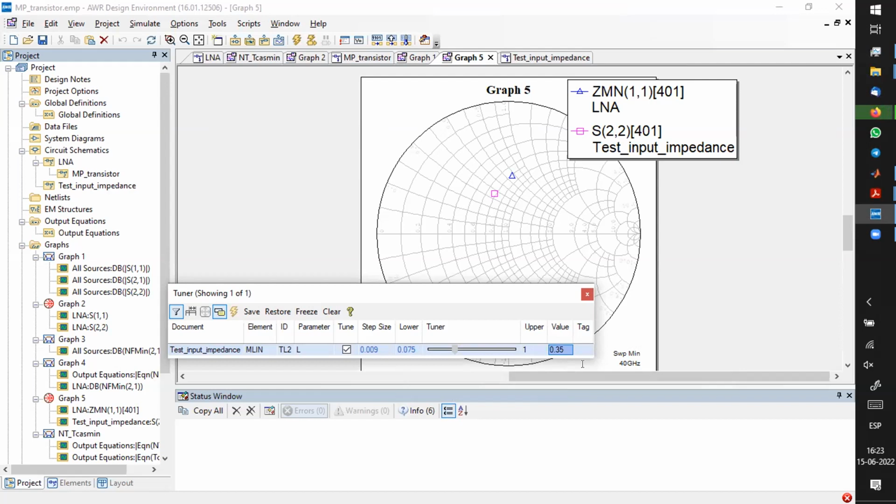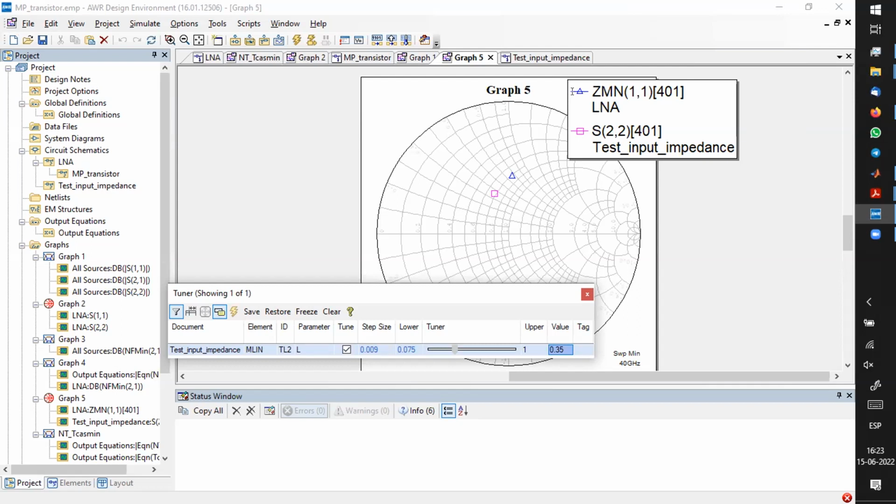Sounds good. I have a 100 micron line at the input, which is 100 micron wide, like modeling the pad. And then I have a 350 micron long short circuit. Where did you end up? Okay. Makes sense. It works.